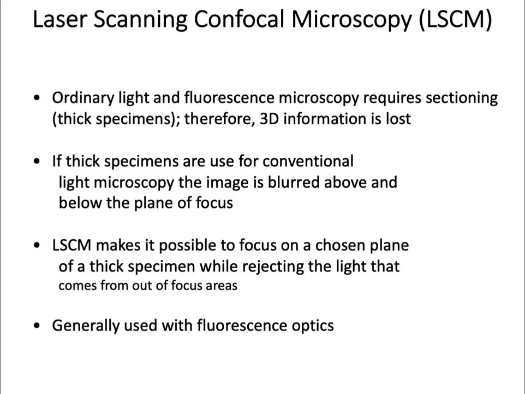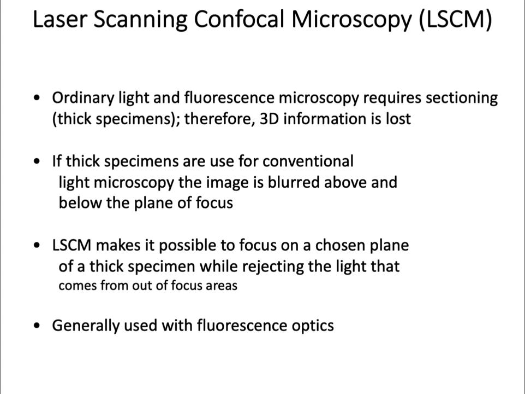Even if you are using a single cell with standard light or fluorescent microscopy, it looks flat and you lose the 3D information. You really can't see what is going on inside the cell, like where the Golgi is in relationship to the nucleus. That question may be hard to answer with standard light microscopy or fluorescence microscopy.